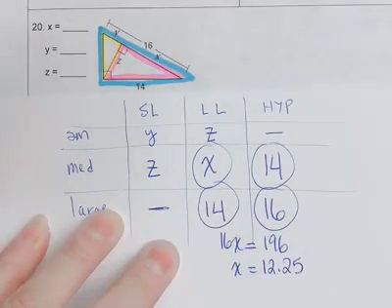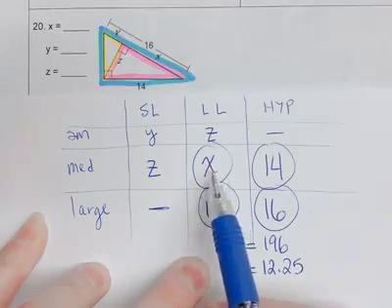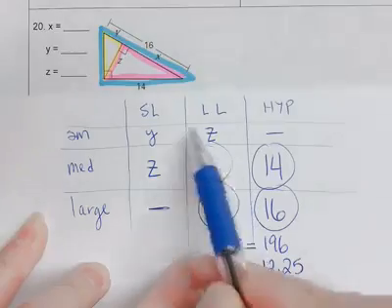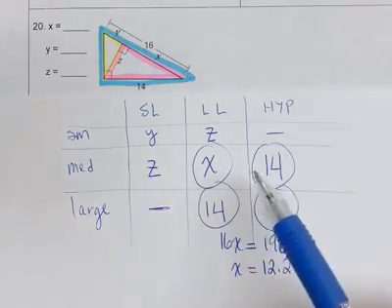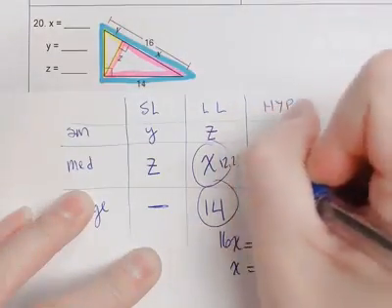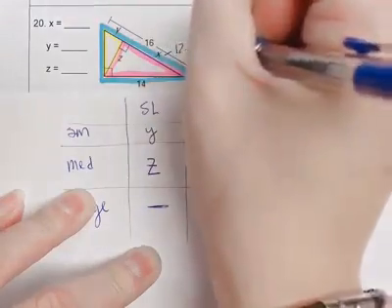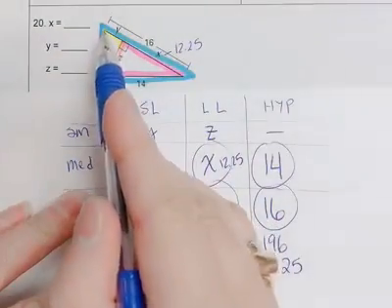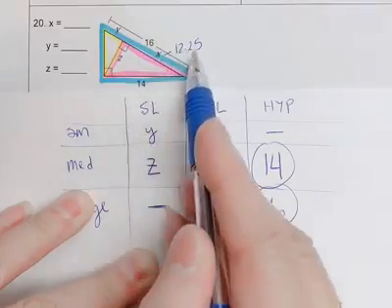The minute I find an answer, I want to put it back in here so that I could use it to perhaps help me solve some other missing segment. So I put this 12.25 back in here, and also back in here. The problem tells me that the whole thing is 16, and X is 12.25.